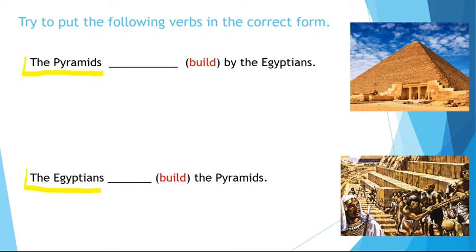Number two, the Egyptians, is the doer or the actor of the verb. So which one do you think is the passive and which one is the active? I think you're thinking correctly. Number one, the pyramids, is the passive voice. The pyramids were built by the Egyptians. Number two, the Egyptians built the pyramids in around 3000.